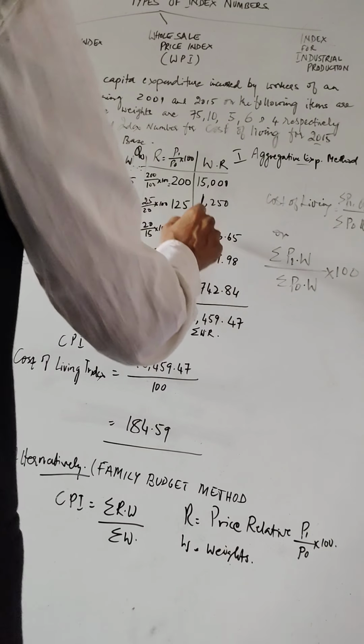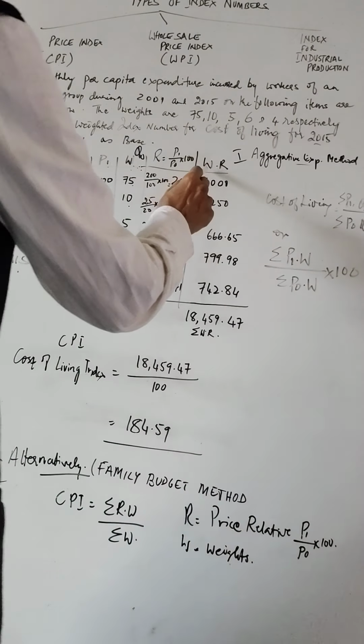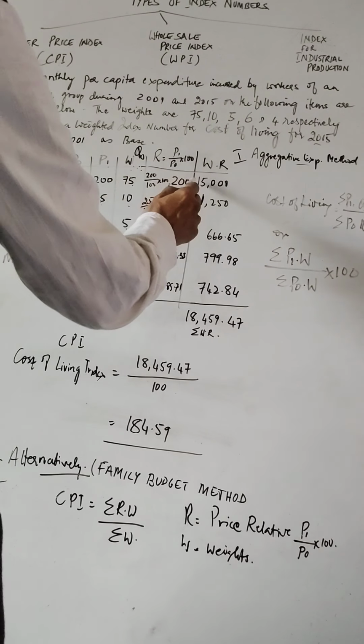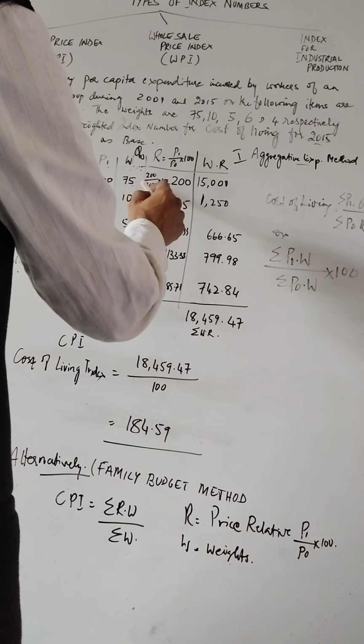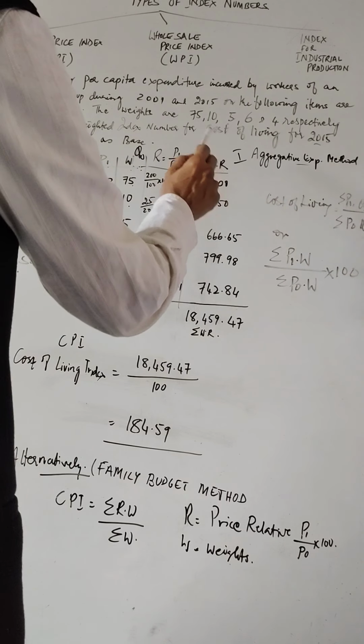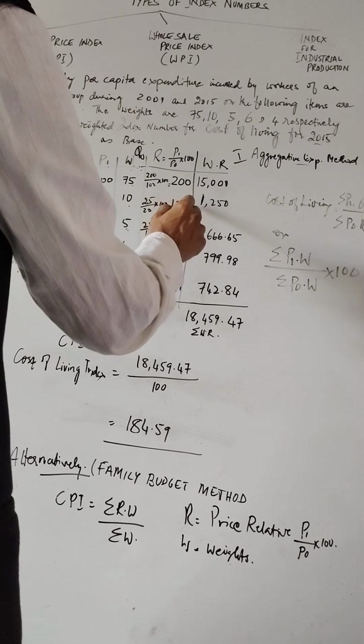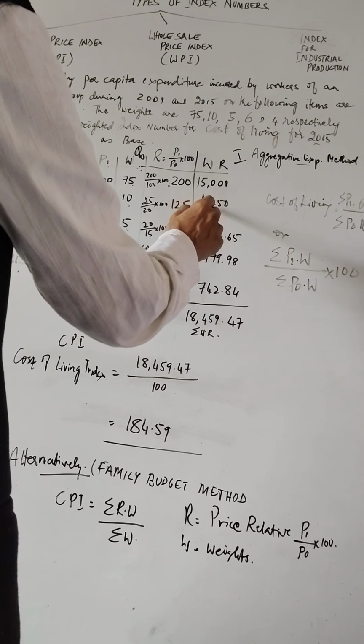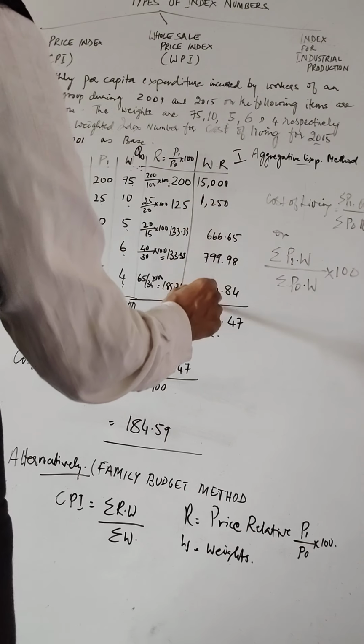Then once we get the relatives, we take the weights into price relative. So 75 into 200 is 15,000, and 10 into 125 is 1,250, and so on.